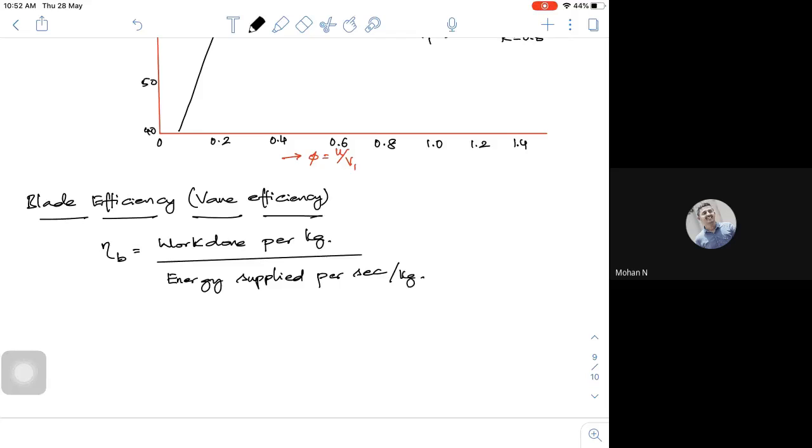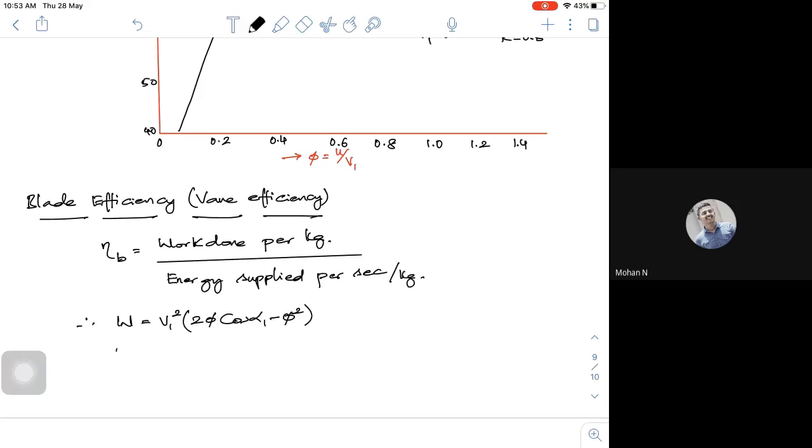What is your work done per input? Right now we have already seen, we got the expression, that is V1 square into 2 phi cos alpha 1 minus phi square. Already we have this. So work done is given by V1 square into 2 phi cos alpha 1 minus phi square. What is the energy input actually? Let me call it energy input E in.